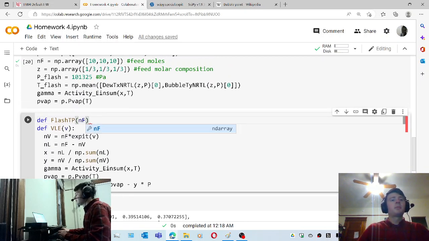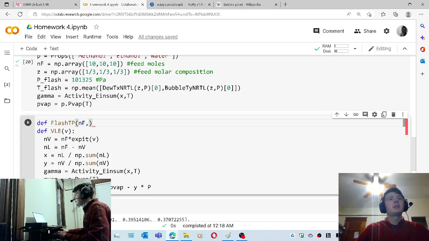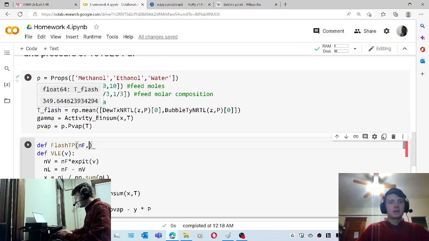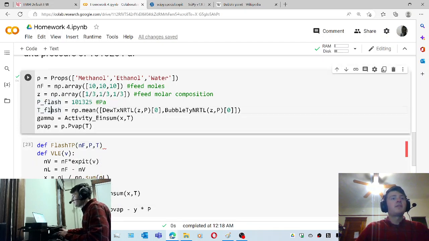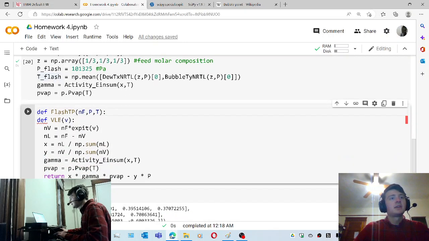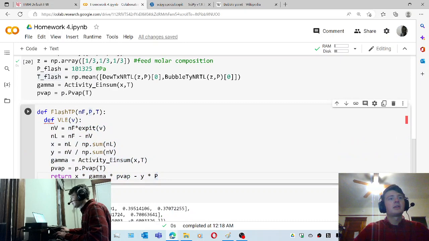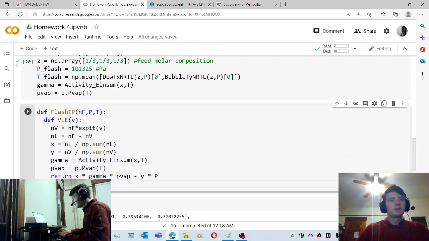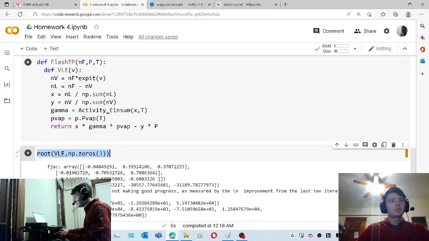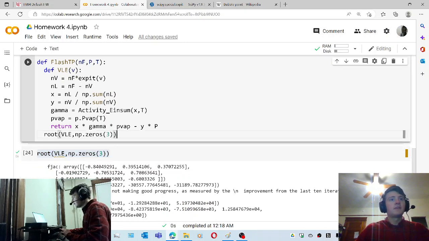Well, we can give it the moles of each component in the feed, and then we need to give it some pressure and some temperature, which would just be this P flash and this T flash. I can come down here and nest that function in the other function. Now I need to run the root function, so I'll take the root of VLE, and my initial guess is a bunch of zeros.